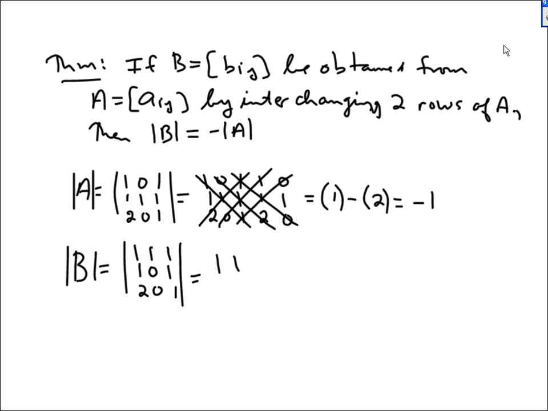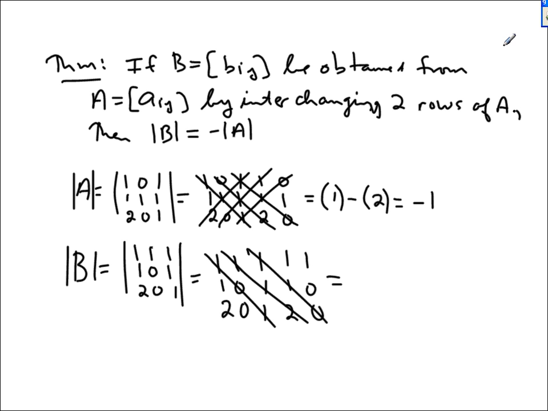This determinant will be solved by tic-tac-toe or spaghetti on this. That product is 0. That product is 0. That product is 2. Add those numbers up. You get 2 minus 0 plus 0 plus 1. 2 minus 1 is 1.